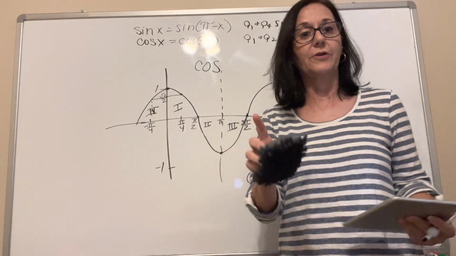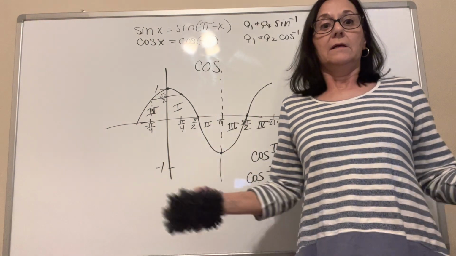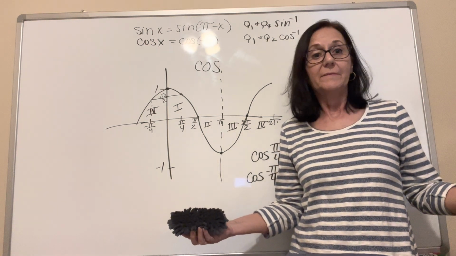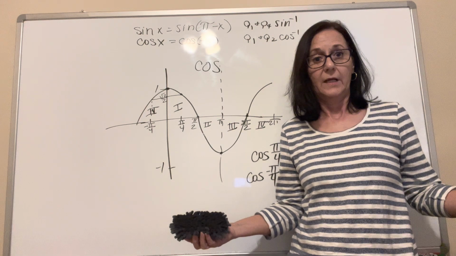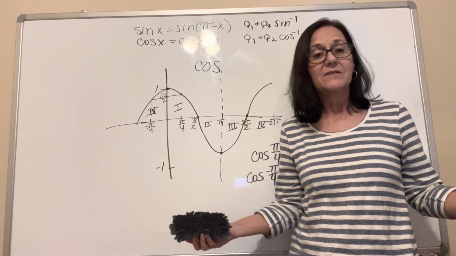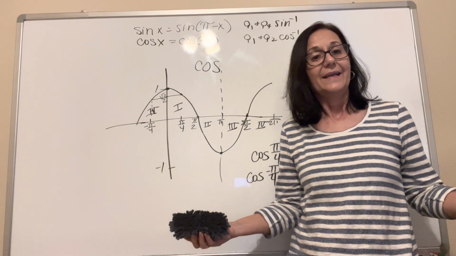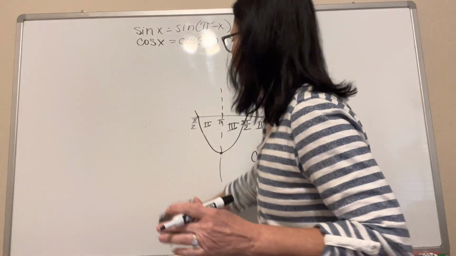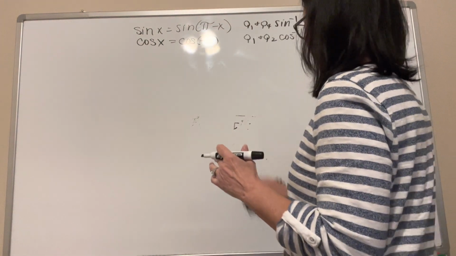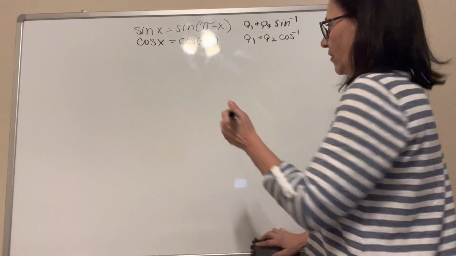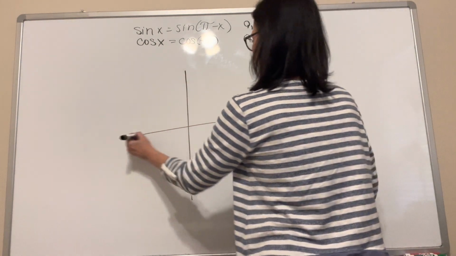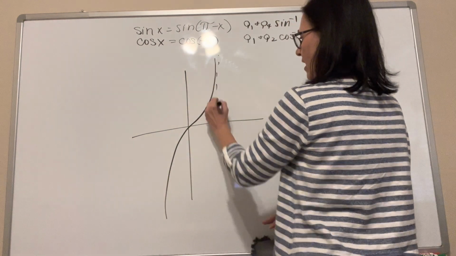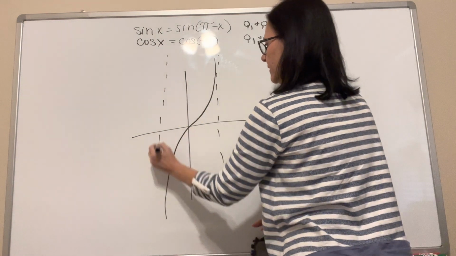For the tangent function, we didn't have to limit the domain from quadrants 1 through 4, because of the curve, right? I'll just draw it to remind us. There are the asymptotes for the tangent at every odd half pi.